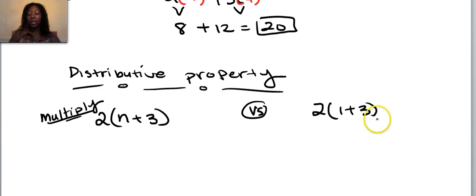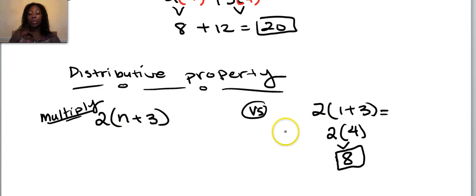Well, if you have something like this, you can use your order of operations, PEMDAS. Parentheses first, simplify what's inside the parentheses. 1 plus 3 is 4. Times 2. Then you have 8.